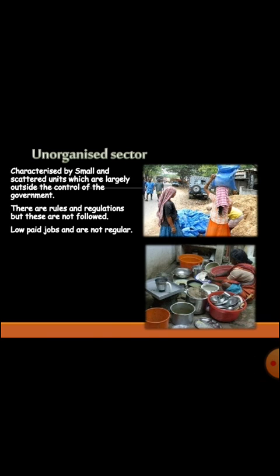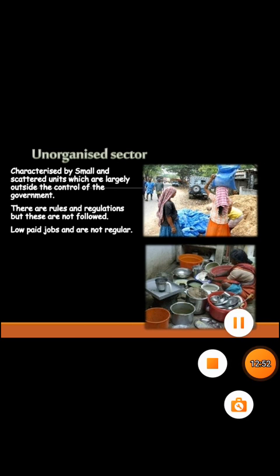The jobs provided in the unorganized sector are low paid and are not regular. There are no terms and conditions basically for the services provided by the people in the unorganized sector.